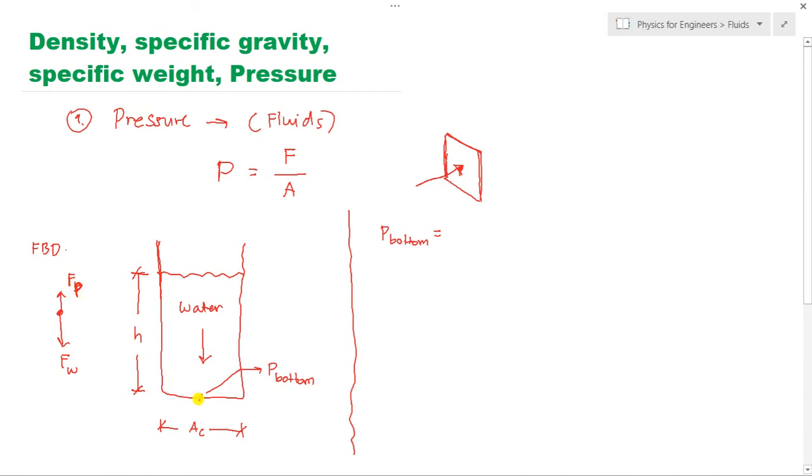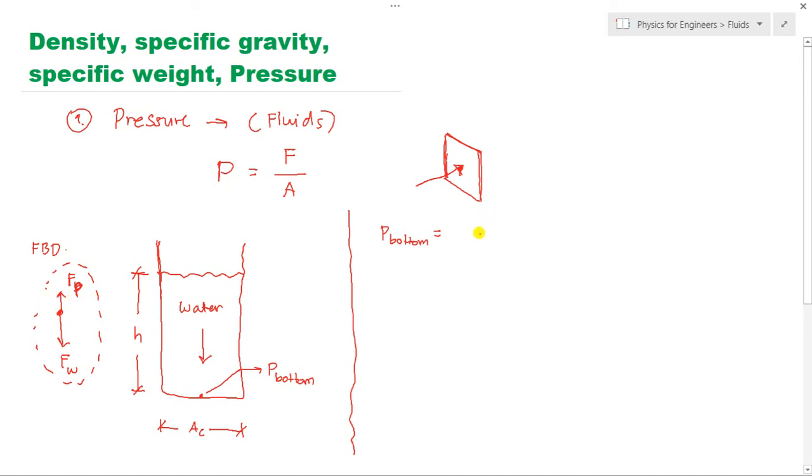Of course, for every action there is an opposite reaction. So therefore the force due to the pressure at the bottom is just the same as the weight of the water, because of the analysis we got from our FBD.